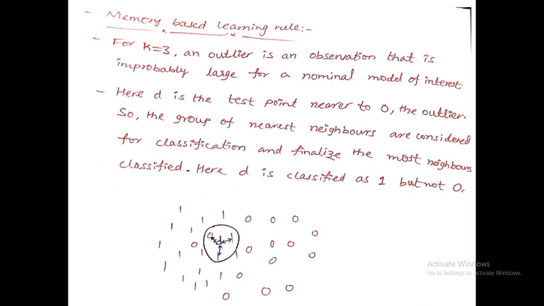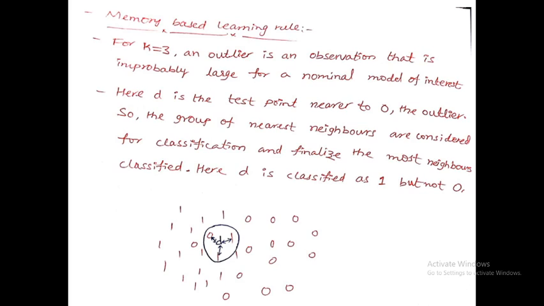If X test is near to the 0, it may not be the correct one. The chance of being 0 is less and the chance of being 1 is more, because it falls in the ones category. So that is the advantage of this k nearest neighborhood rule.